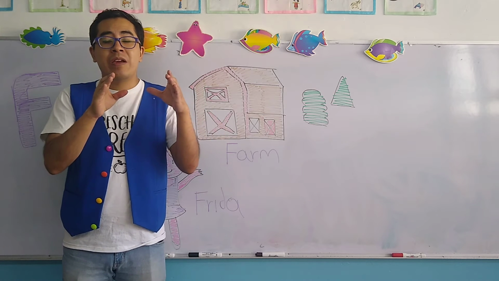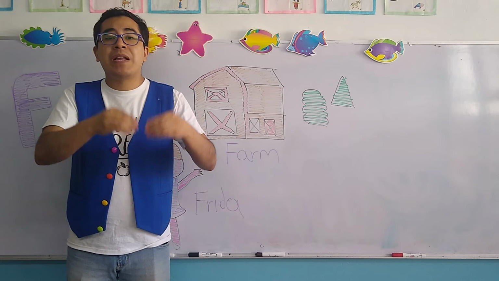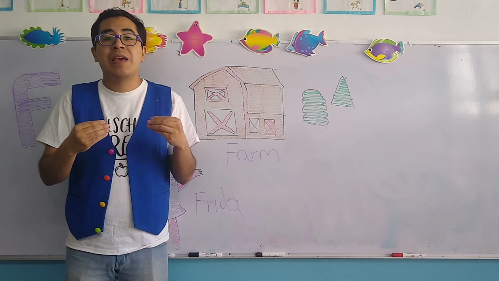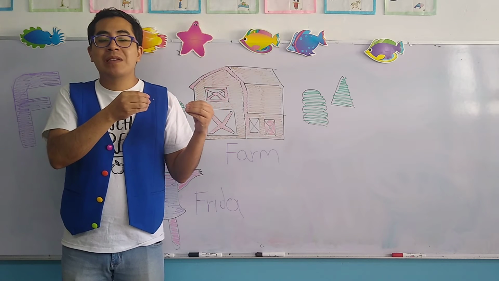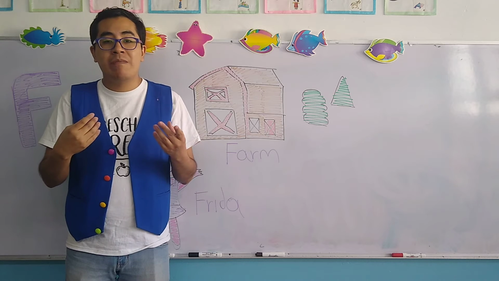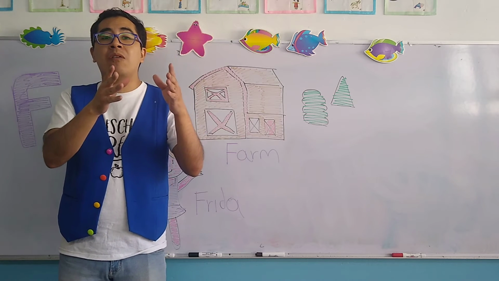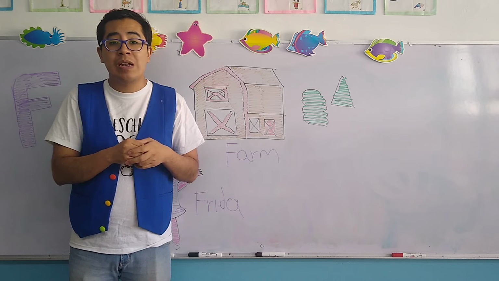And there are people inside the farm that obtain material from those animals. Hay gente que trabaja en las granjas, las cuales estas personas se dedican a obtener material de los animales. For example, in the case of the cows produce milk. Las vacas producen leche.